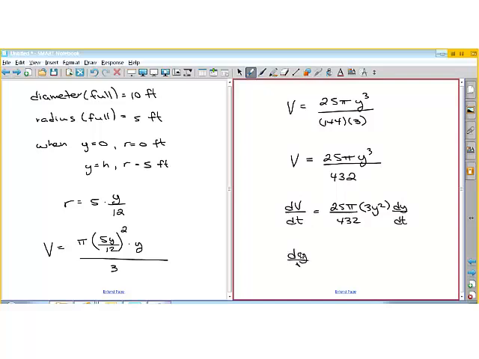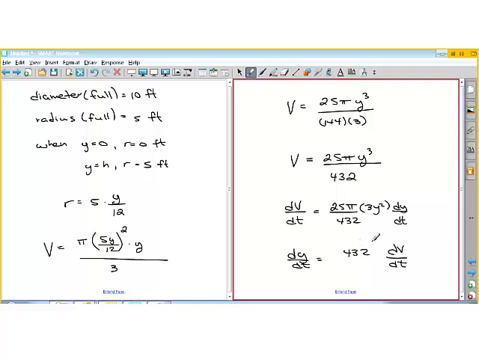dy/dt is going to be equal to, okay, we have dV/dt over here. So we multiply by 432. I don't know why I have 3y cubed squared right there. Oh, because I took the derivative. Okay, 3y squared.